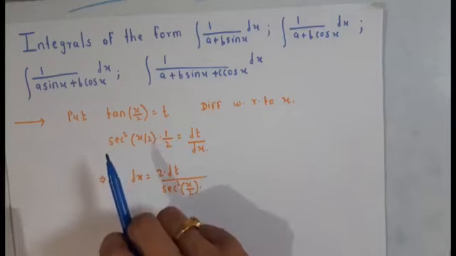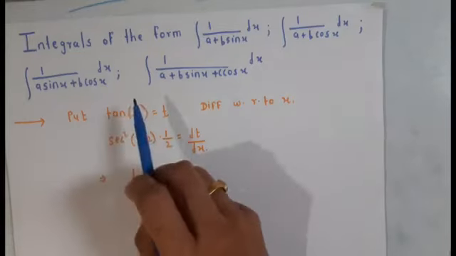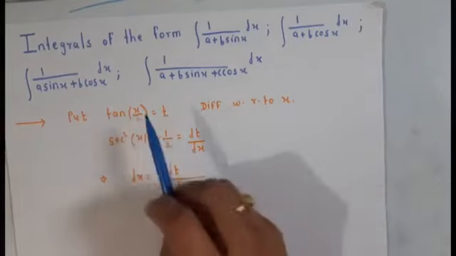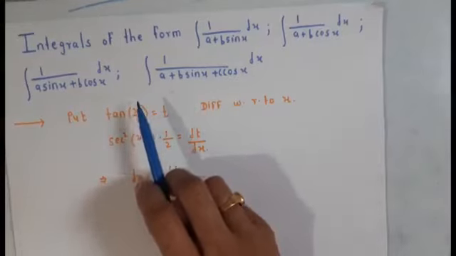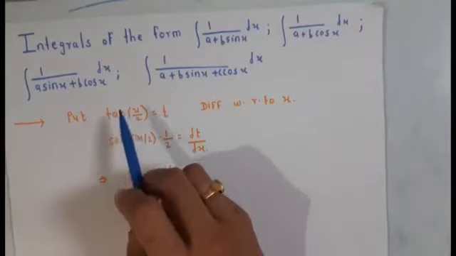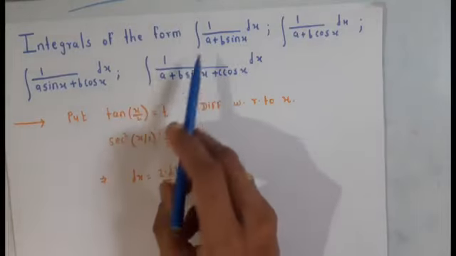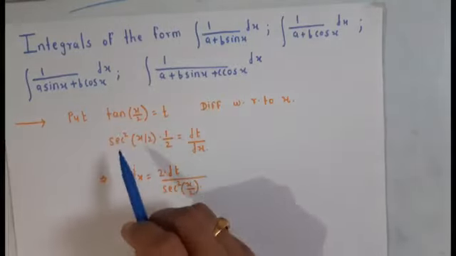Now 3 methods are remaining; we have just started one, and 2 more remain from this exercise. So let us study this method and see how to solve such problems.